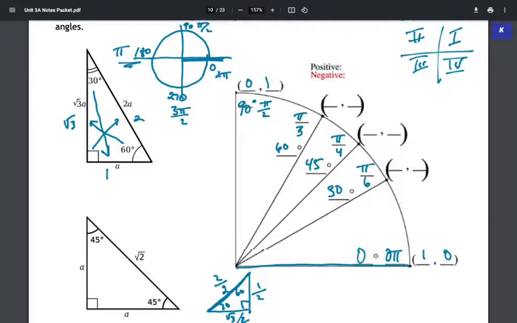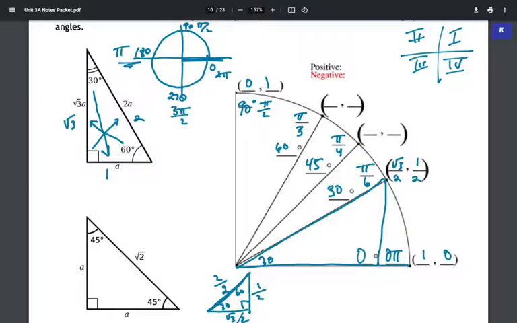So when I think about this being that 30-degree angle right here, the x value of that will be the square root of 3 over 2, and the y value will be 1/2.